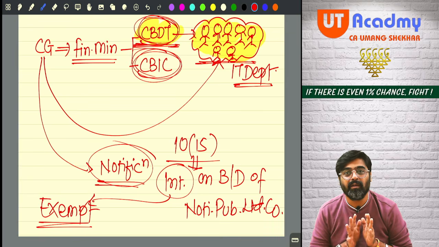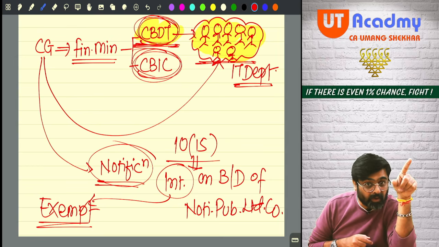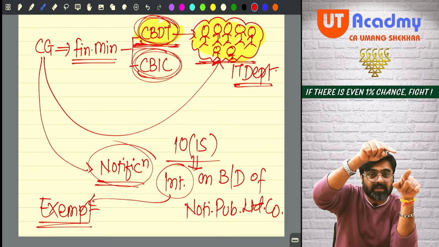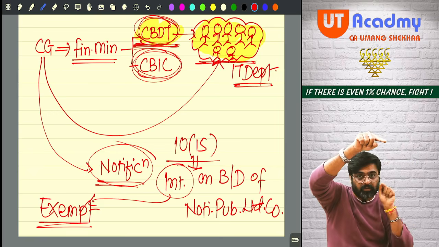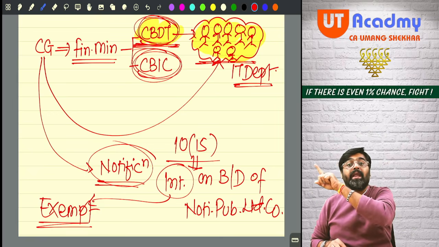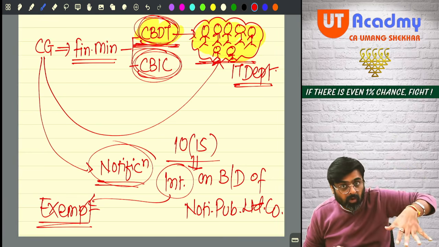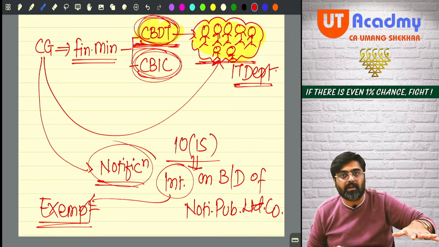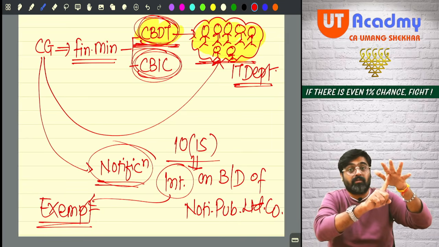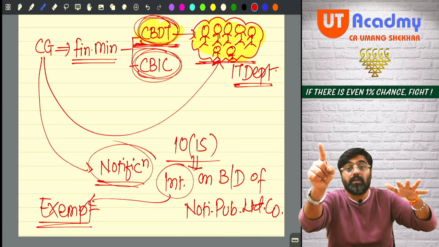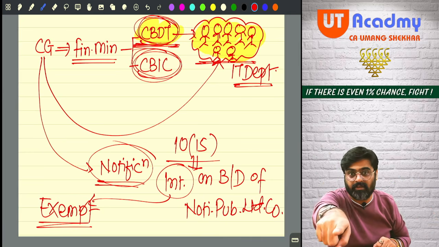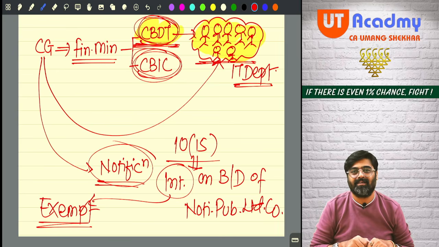Getting my point? So there is a notification. In that notification, there are certain public limited companies which are notified. If you are buying the bonds and debentures of these companies, whose names are given in this notification, you can claim the interest on them as exempt under this section. No other interest.